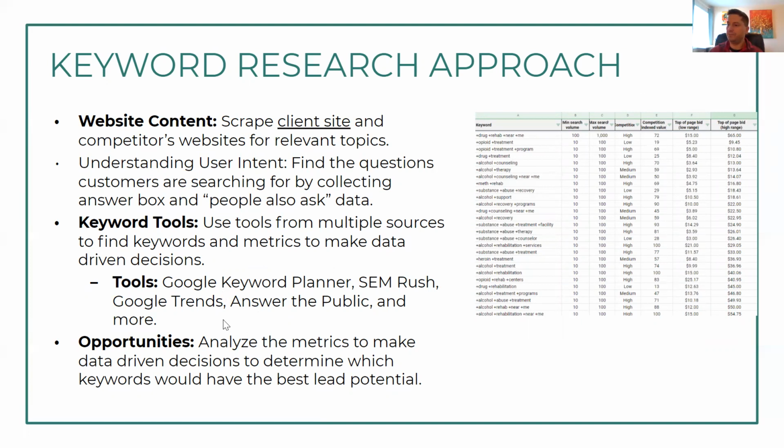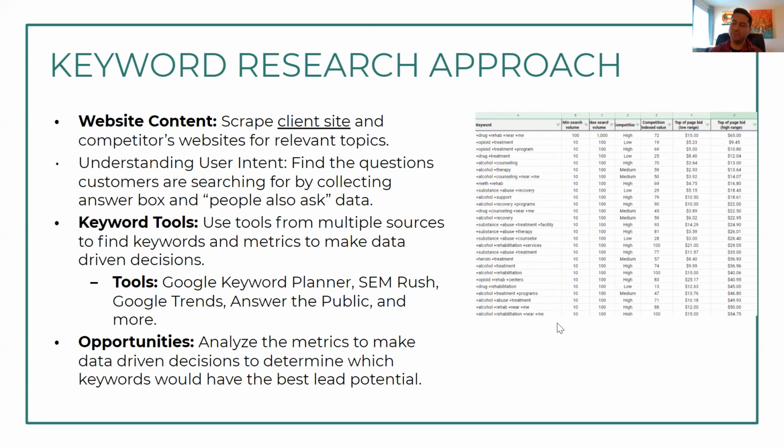And then we look at different tools like the Google Keyword Planner, SEMrush, and Google Trends for that industry. So we really do our research on the back end to see what keywords have the most search volume related to the topic, what the competition's like for these terms, what the price is for them.